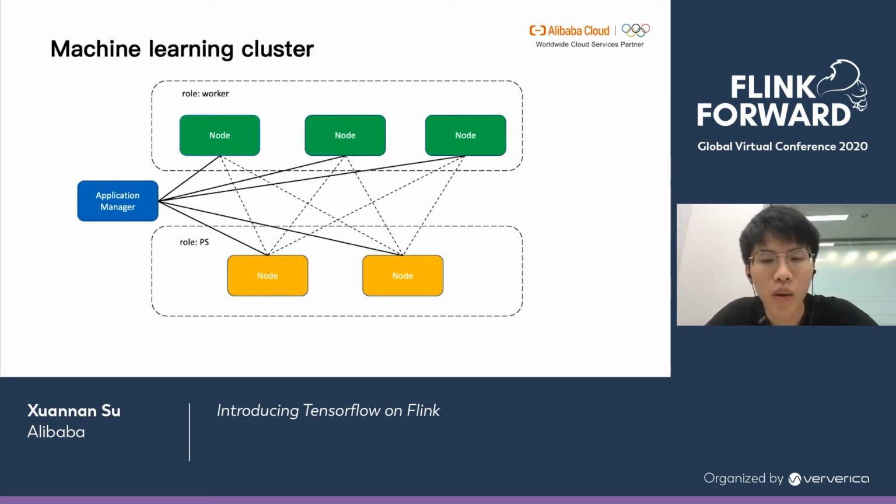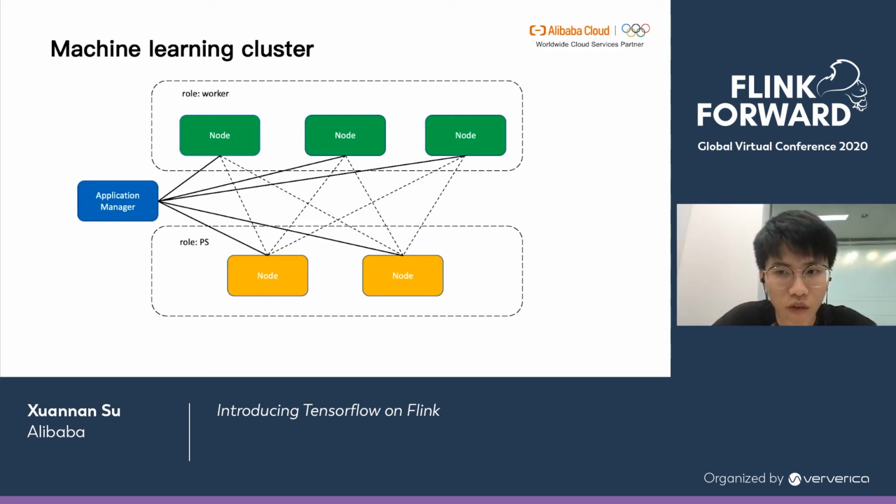We noticed that both worker and parameter server are just nodes that execute some machine learning code. Therefore, they are all nodes, just with different roles, and they are assigned to different groups based on their role.